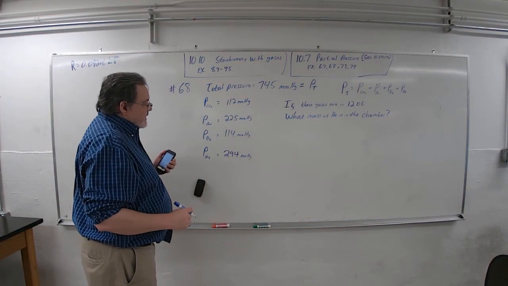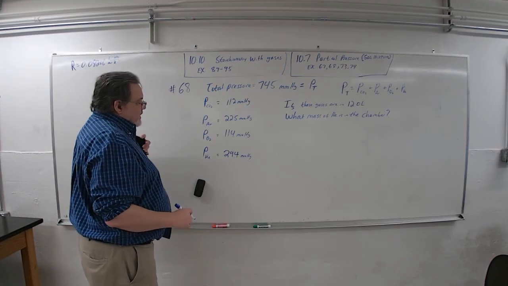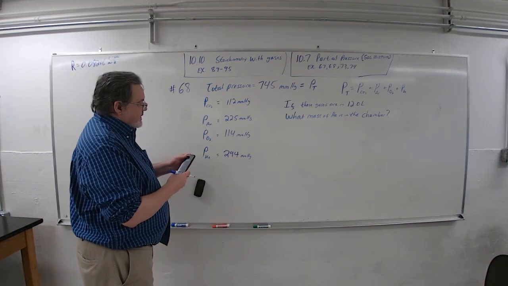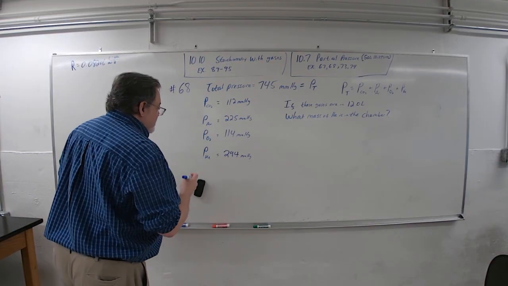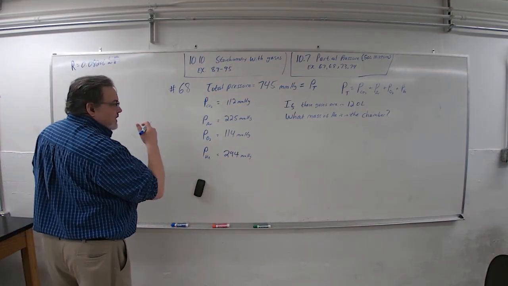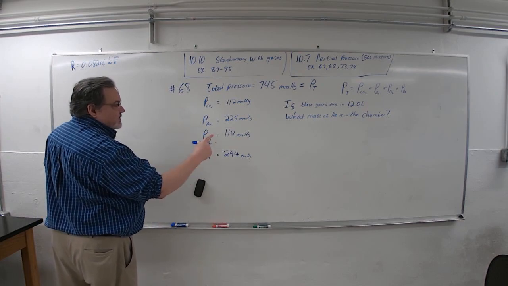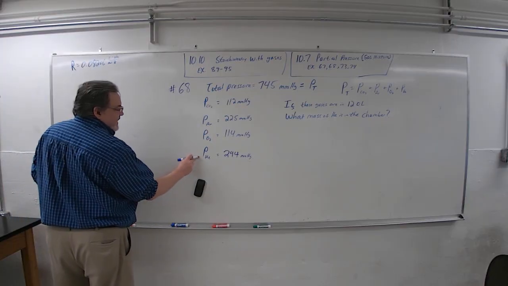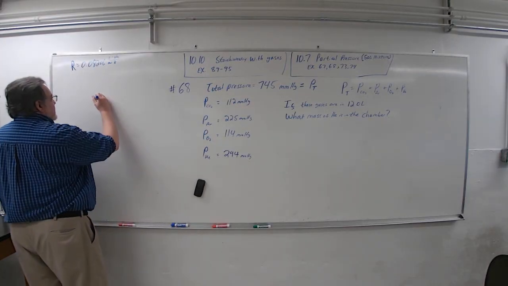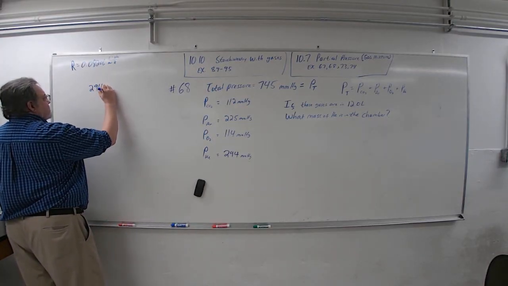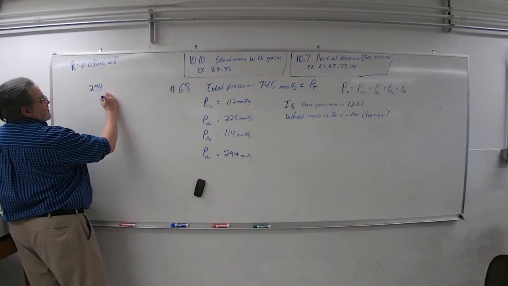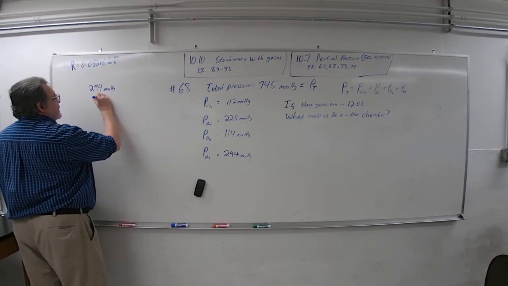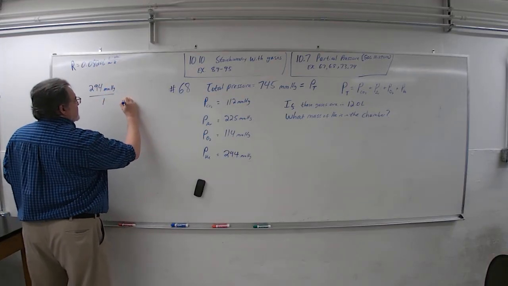So now we did something very similar to what we were doing. So we found 294 millimeters of mercury, but we're gonna find out how many moles of helium are in there. And we're gonna go 294, the partial pressure.